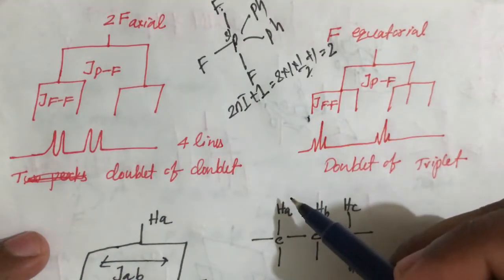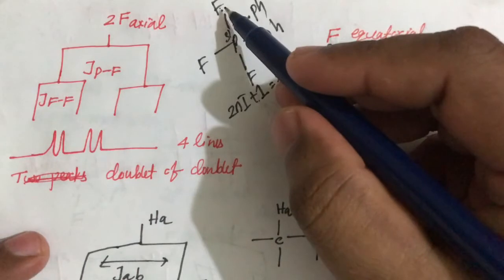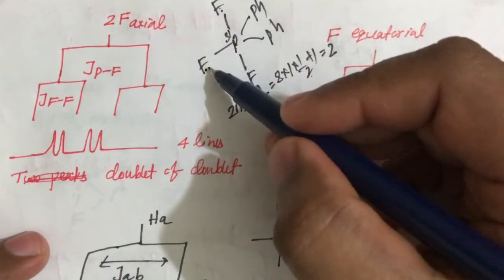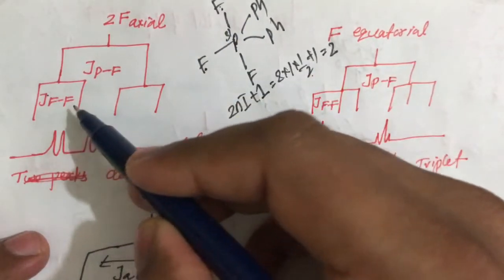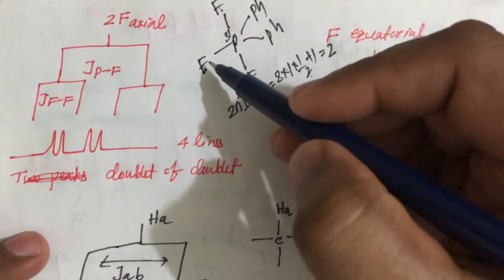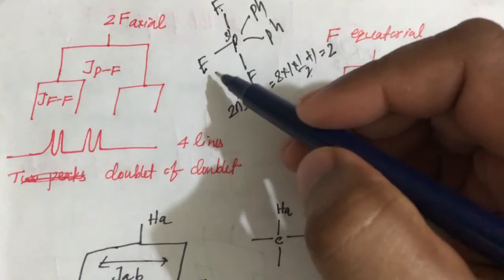Okay. Now next, these 2 fluorines are coupled with the equatorial fluorine, that is JFF, fluorine coupling. So how many fluorines? Only 1 fluorine. That fluorine has an I value of half, that is 2nI plus 1.